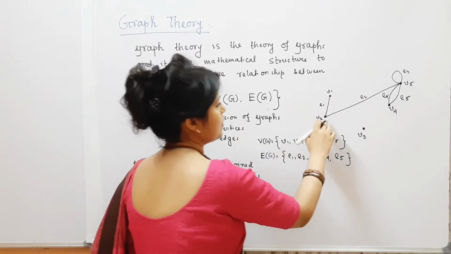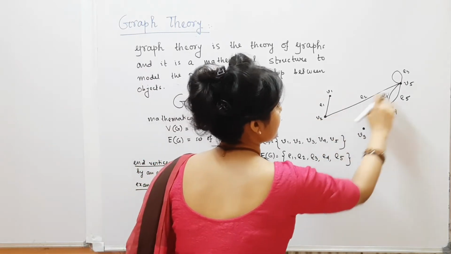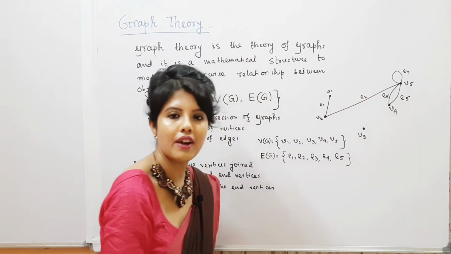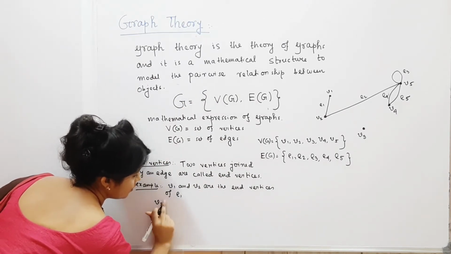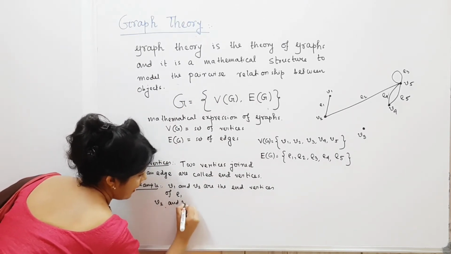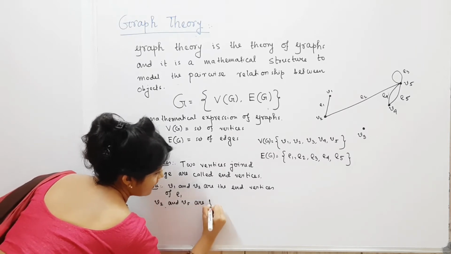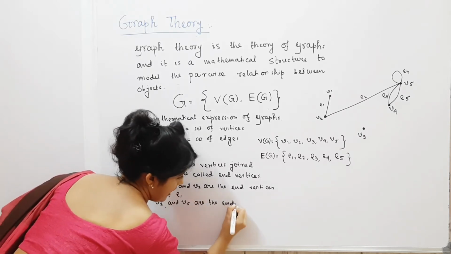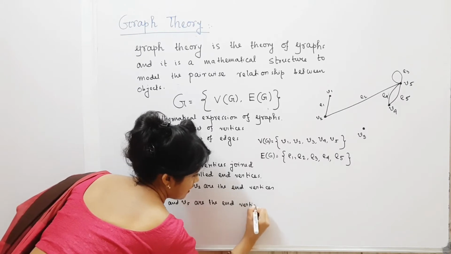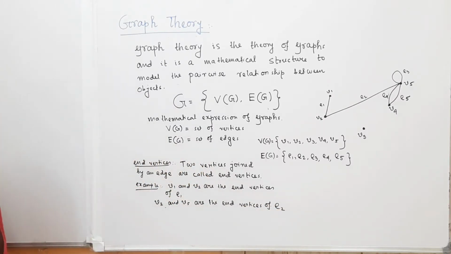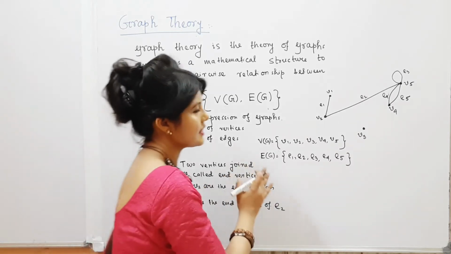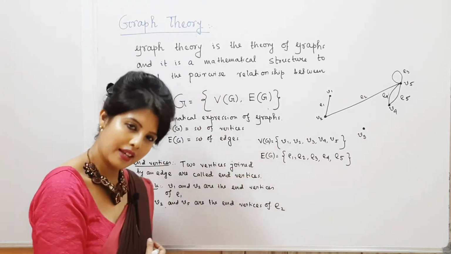Similarly, V2 and V5 are the end vertices of E2. So this is the definition of end vertices.